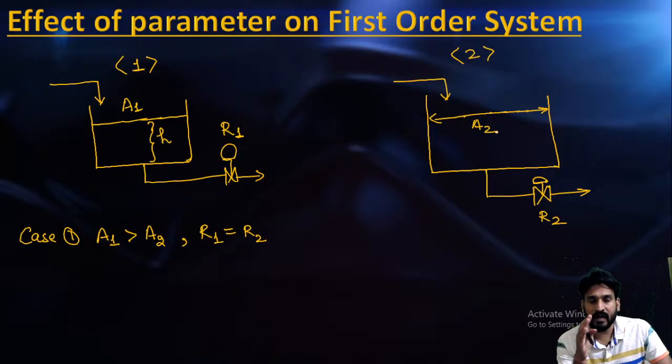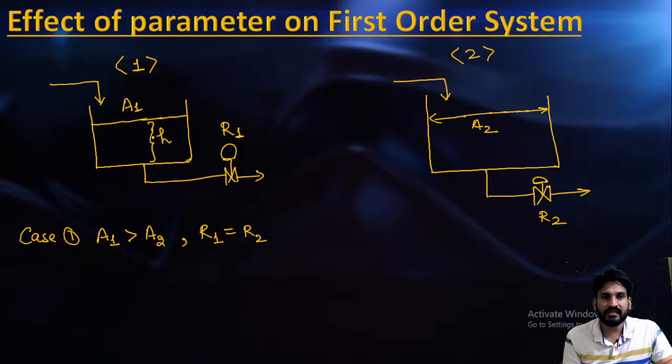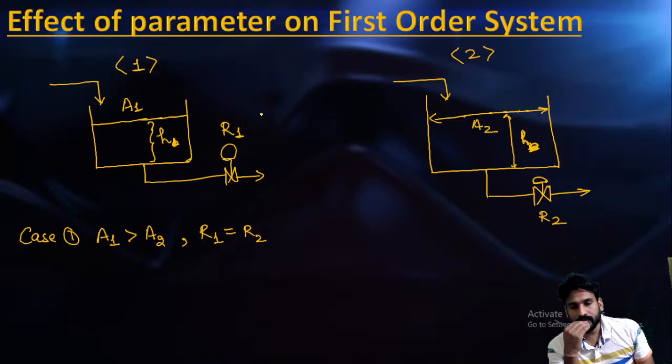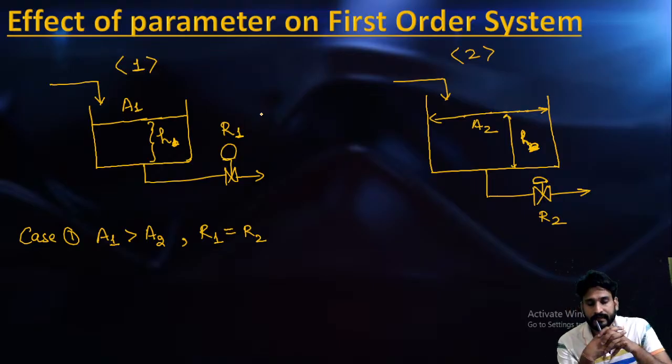Now I have to compare the fastness of the systems, that is, whether this system is fast or that system is fast. Let's suppose this is my h1 height and this is h2 height.